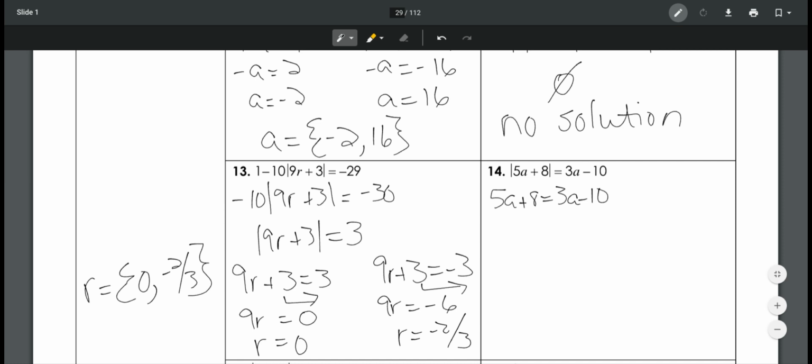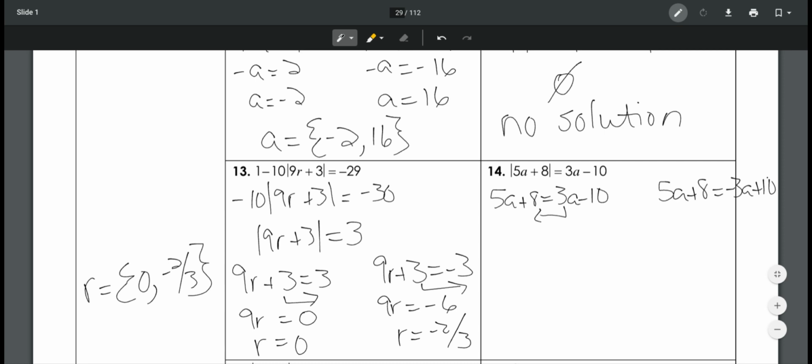In the second scenario, I'm only going to change the right side, which was the side that didn't have the absolute value. So I'm going to make that a -3a and a +10. Everything has to change, not just the 3a. Now I'm ready to solve my problem.